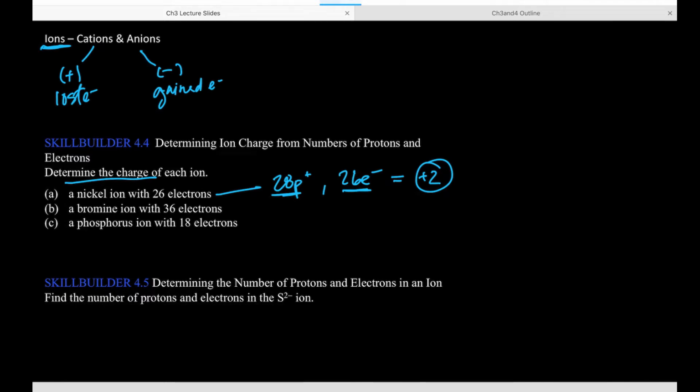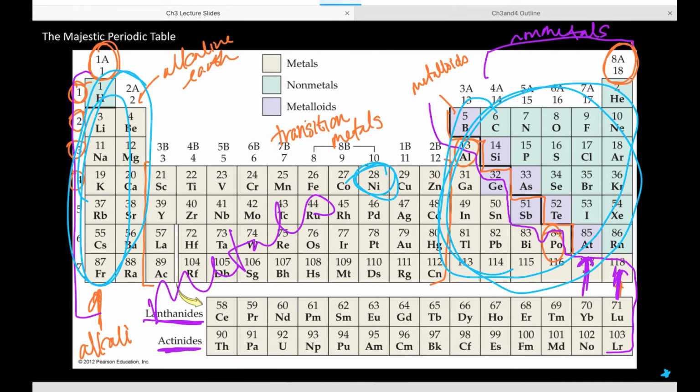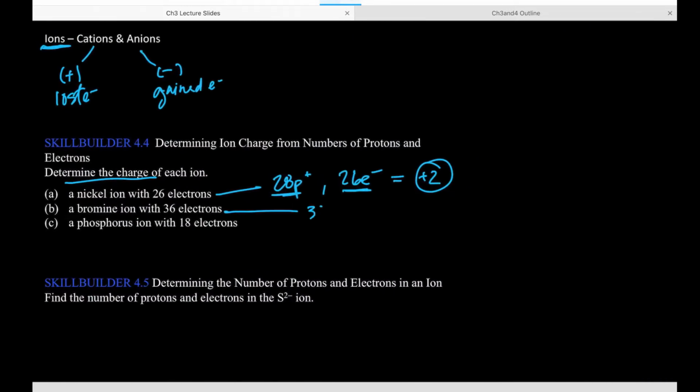All right, so a bromine ion with 36 electrons. So let's go find bromine. Bromine has 35, so 35 protons and 36 electrons. It's like saying we have plus 35 minus 36 gives us -1.